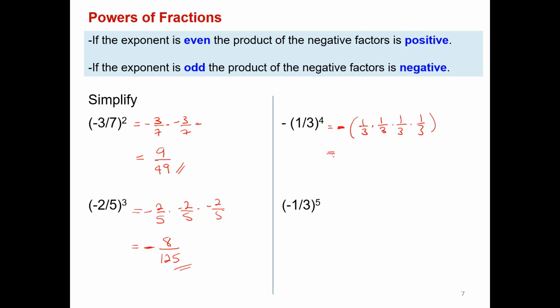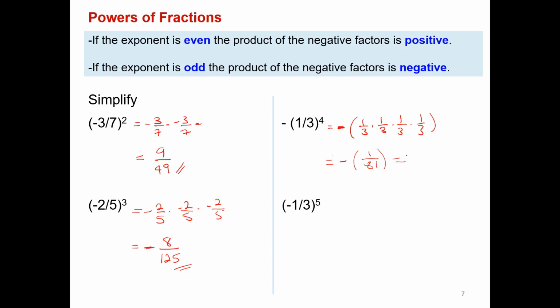Now we have the negative, and we have 1 on top. 3 times 3 is 9, 9 times 3 is 27, 27 times 3 is 81.